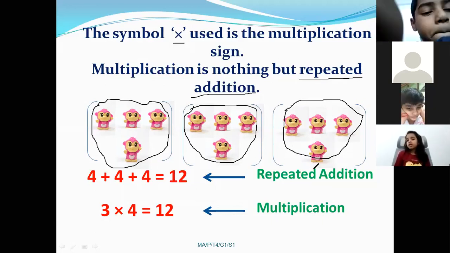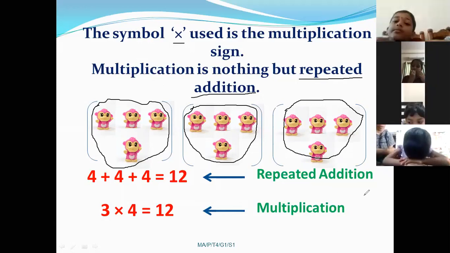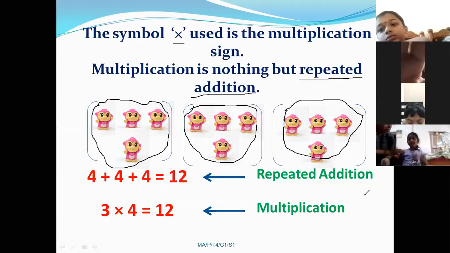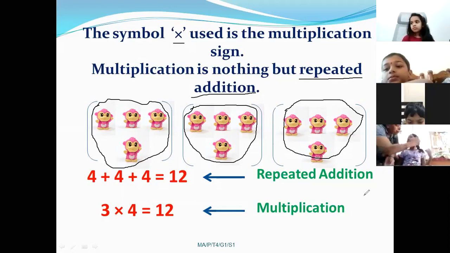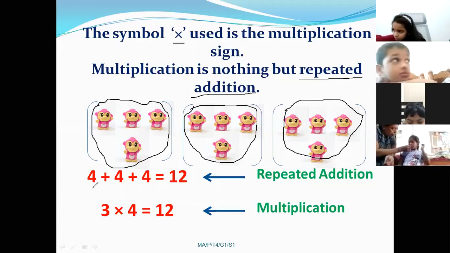Now in each group, how many toys are there? Dhruti, in one group, how many toys are there? 4, ma'am. Very good. So in one group, there are 4 toys, children. So if I want to write it in repeated addition form, how will I write it? As I told you, repeated addition means we repeat the same number again and again with a plus sign.